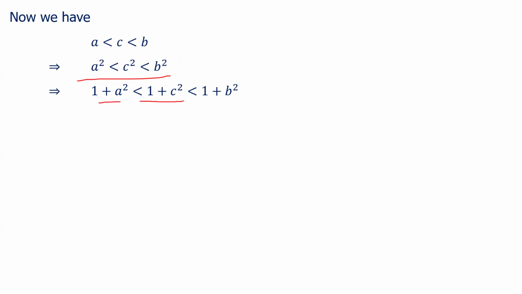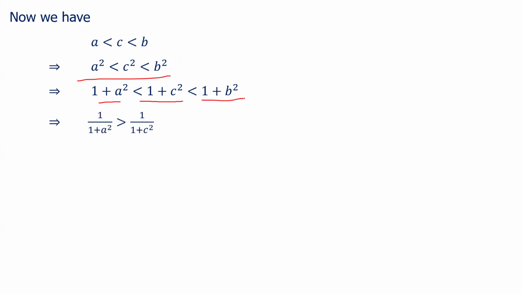So clearly a is the lower limit and b is the upper limit. Now if a is less than c, and c is less than b, then if we square it, a square is less than c square and c square is less than b square. If we add 1 to each and every term, then definitely 1 plus a square is less than 1 plus c square, and 1 plus c square is less than 1 plus b square.